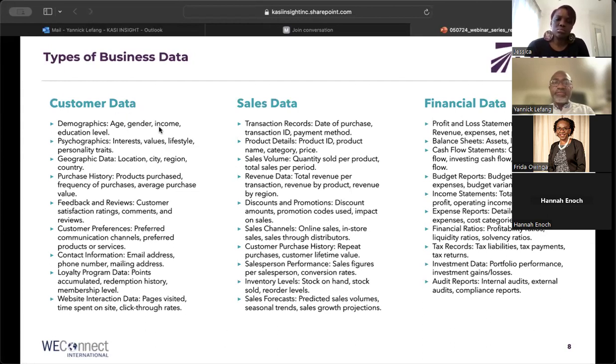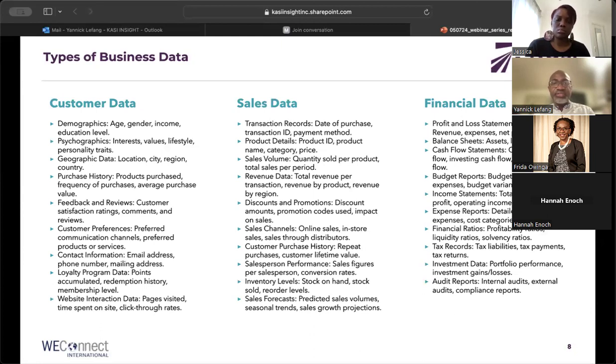And that information, as you can see, could be within the company, but also outside of the company. And the second piece is obviously sales data, which is, I think, one thing that we usually track very well. And it's transactions.